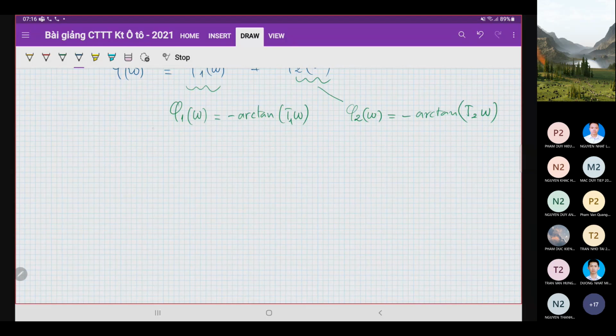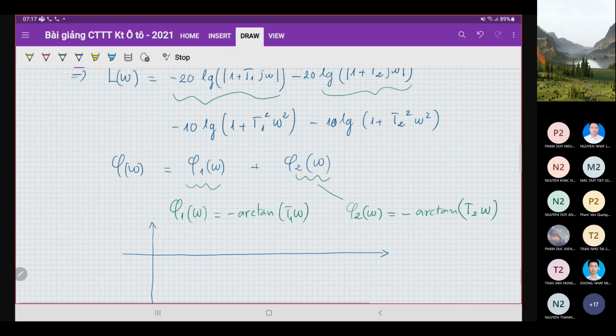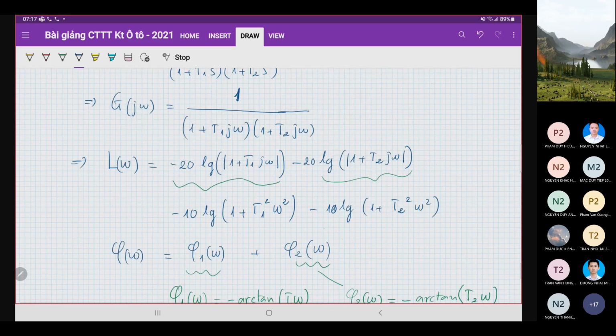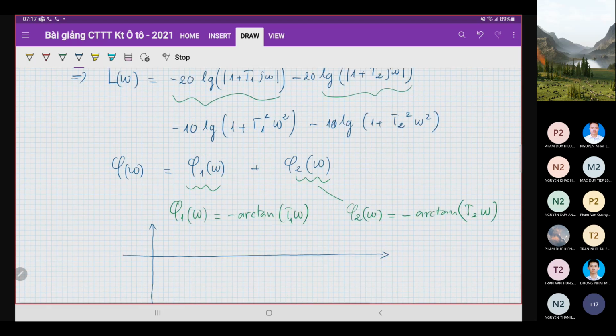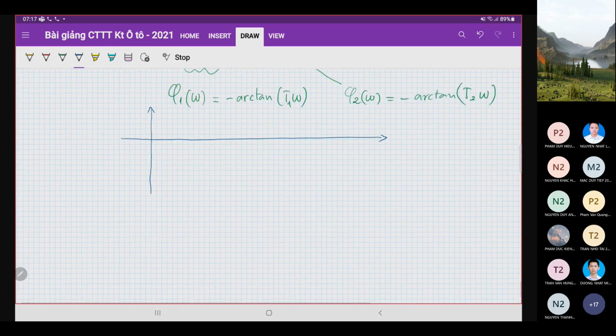Okay, and here I will draw the axis for L(omega), and we suppose that T1 is smaller than T2. Okay, then here, for example, we put it on the diagram.